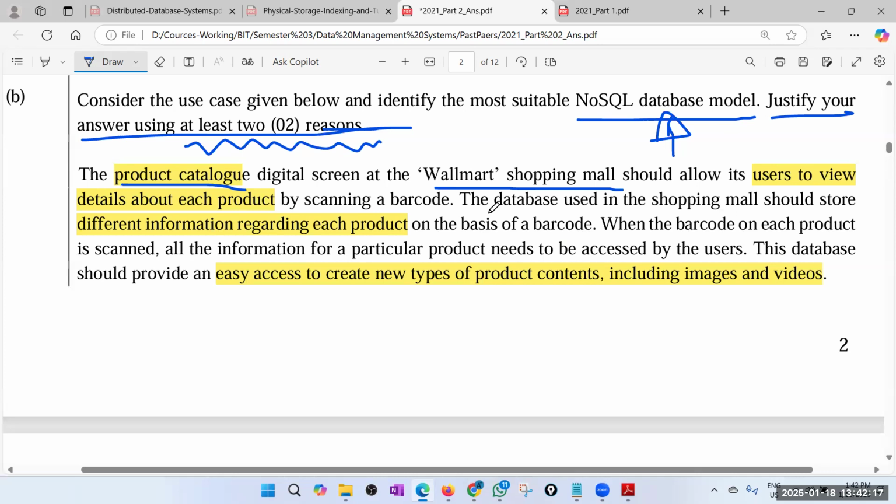The database used in the shopping mall should store different information regarding each product. So when you scan, you must see different information about each product. That means every product must have a barcode. Maybe the barcode is displayed on this rack, in the corresponding place of the product. So you just scan it to see more details.